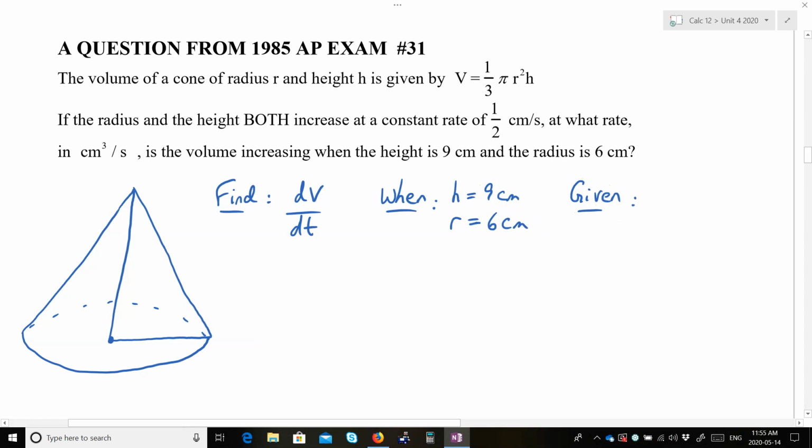Given the radius and the height both increase at that constant rate, the change in height with respect to time, so this is the height, this is the radius, is 1/2 centimeter per second, and the change in radius with respect to time is 1/2 centimeter per second.